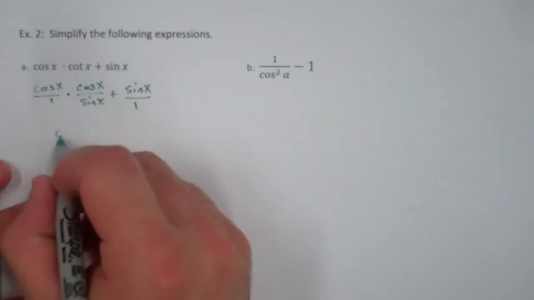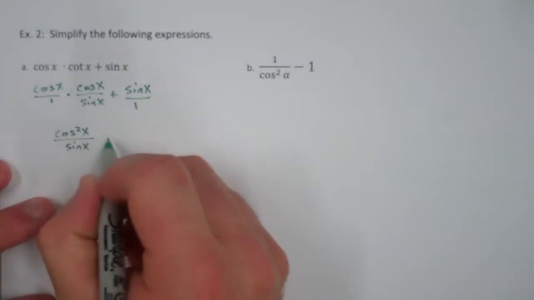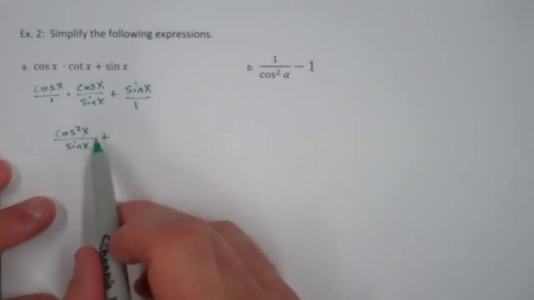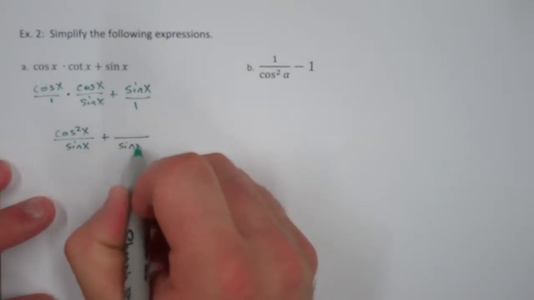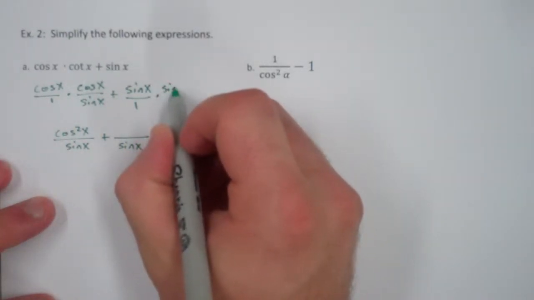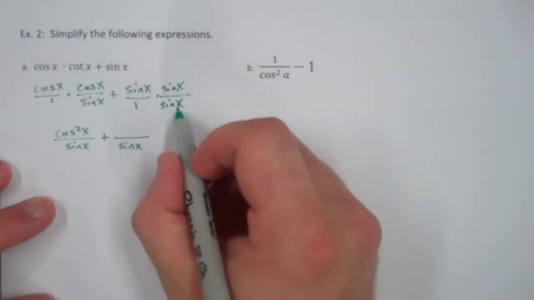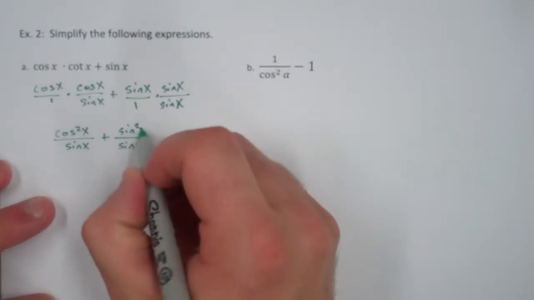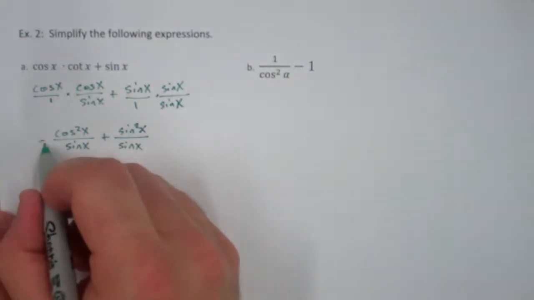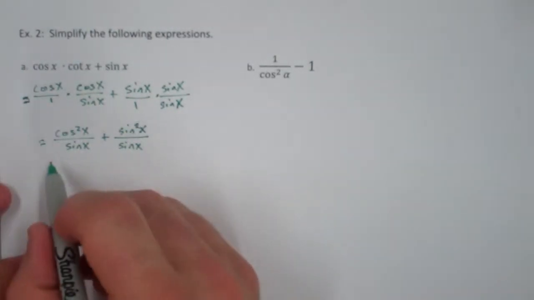So the cosine times the cosine is cosine squared. And if I want to add these two fractions together, I need to have a common denominator. To do that, I'm going to multiply the numerator by sine of x and the denominator by sine of x. So that'll be sine squared up here. It's supposed to be an equal sign there.